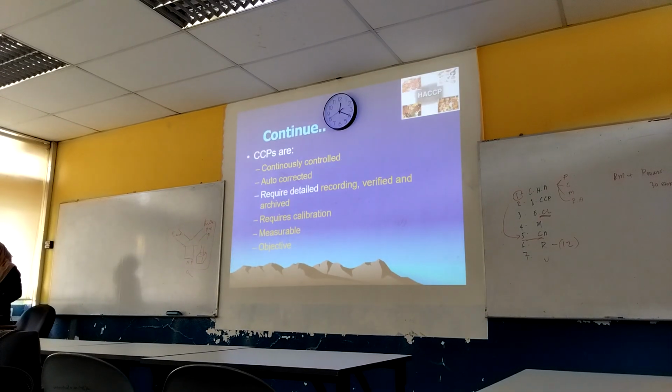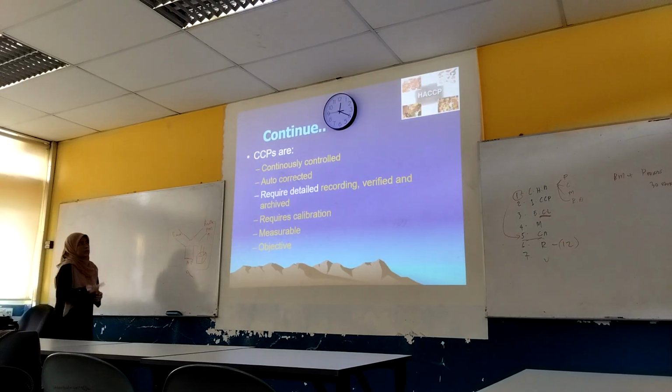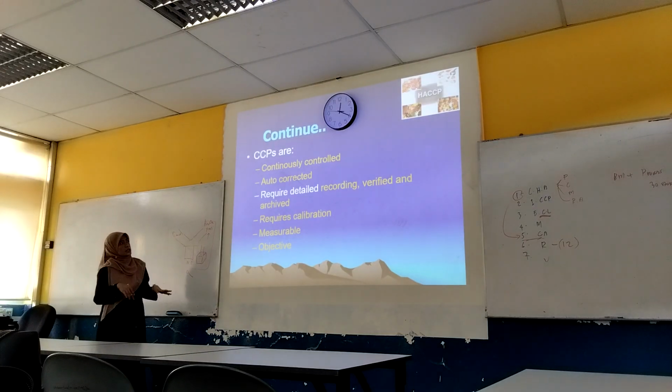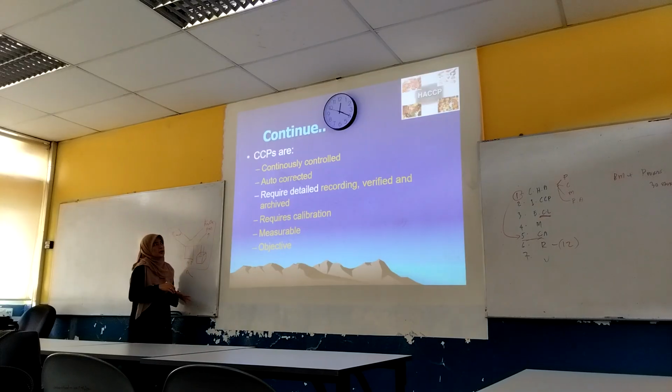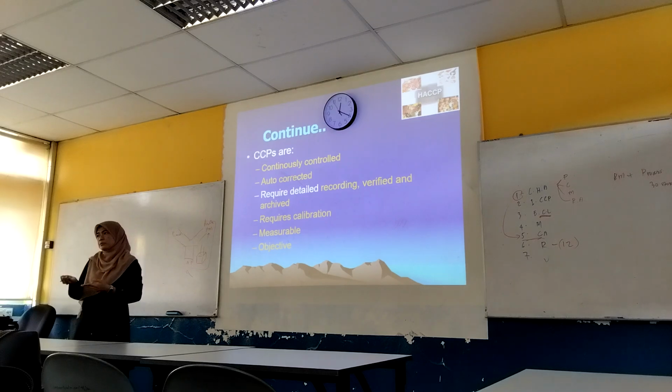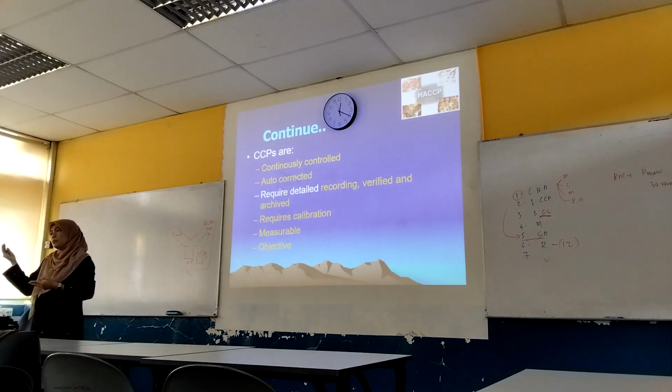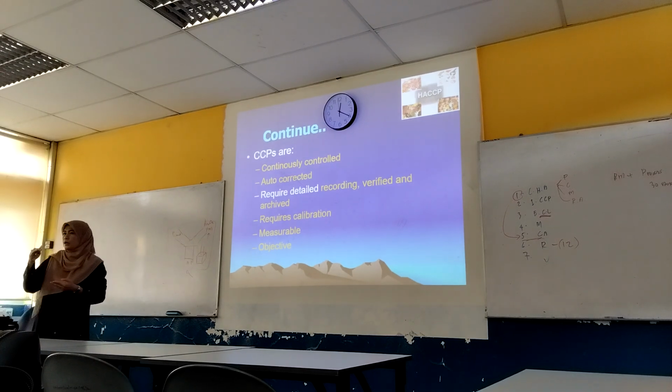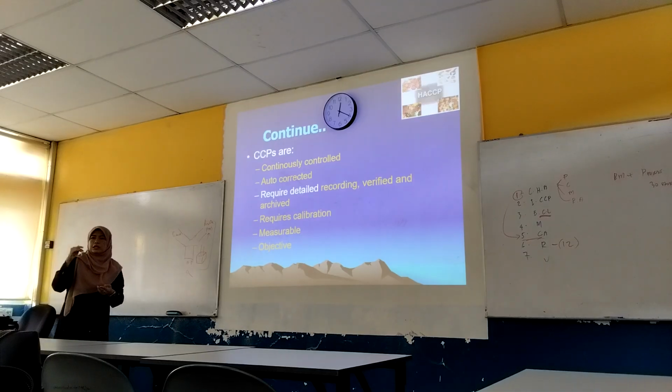Alright, and then this is another thing about the CCP. If you look at the critical control point, we know it's a process, and the most important thing is that it must be continuously controlled. So temperature must be continuously monitored or controlled. What happens if you have a low temperature or high temperature? High temperature won't give you a problem.